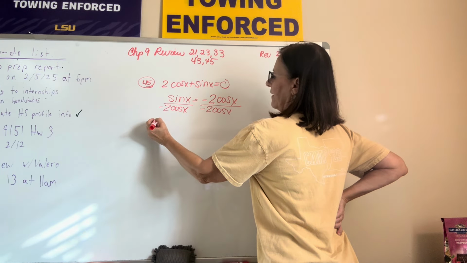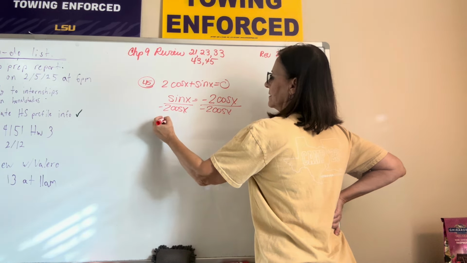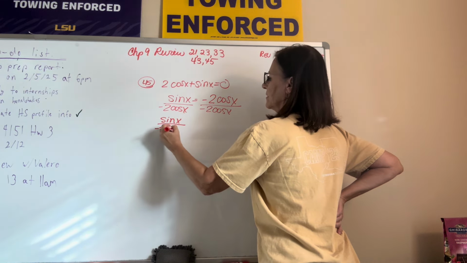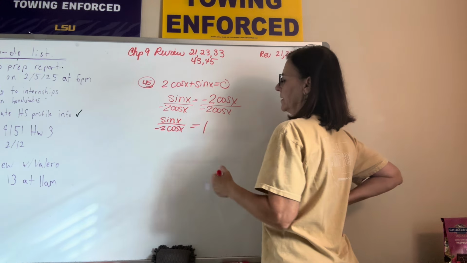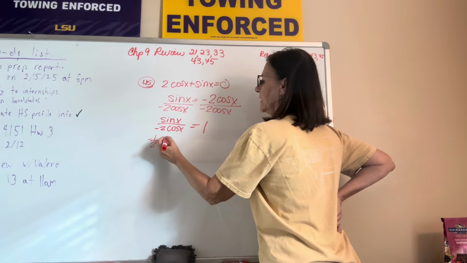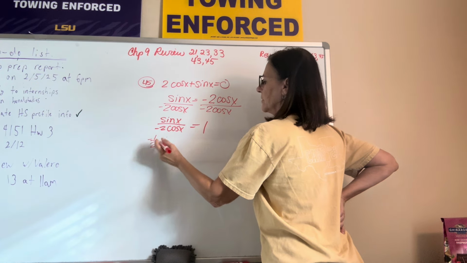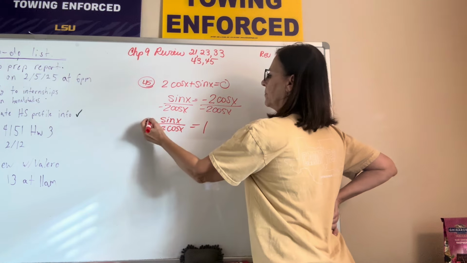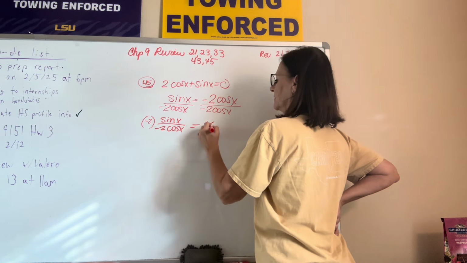All right, so then we have sine x over negative 2 cosine x is 1. Let's multiply by negative 2. I don't even have to.